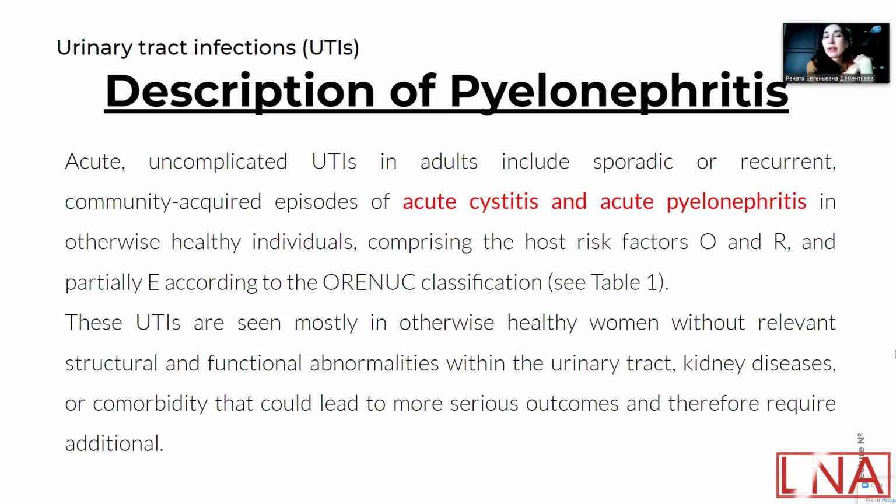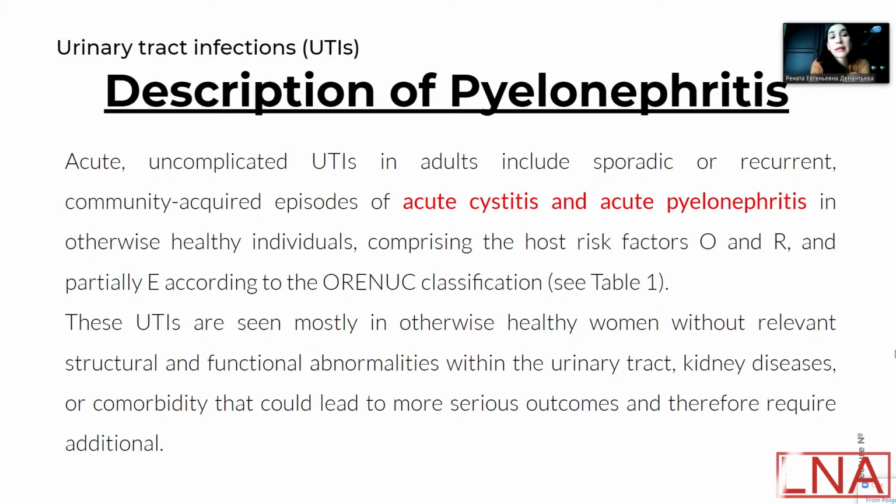Returning to pyelonephritis. Acute uncomplicated urinary tract infections in adults include sporadic or recurrent community-acquired episodes of acute cystitis and acute pyelonephritis. Surely among urinary tract infections, acute cystitis and acute pyelonephritis are the most common problem in the population.